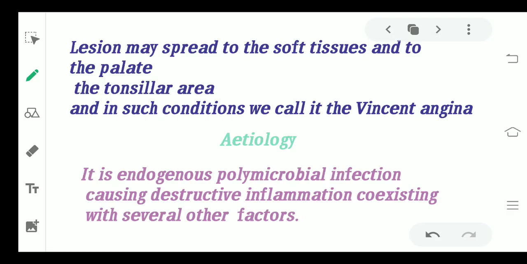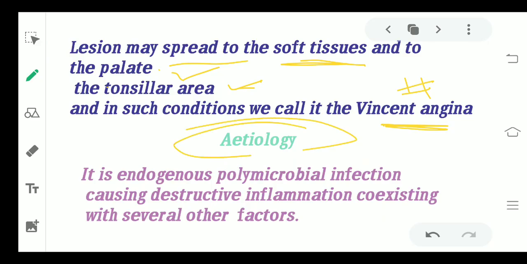Lesions may spread to the soft tissues, to the palate and to the tonsillar area. If the lesion spreads from the soft tissues to the palate and the tonsillar area, then we say this is Vincent angina. Okay, you only call it Vincent angina when it has spread to the tonsillar region and the palatal region also.